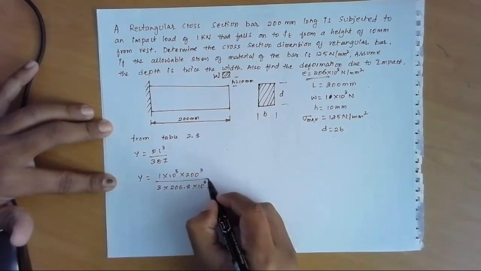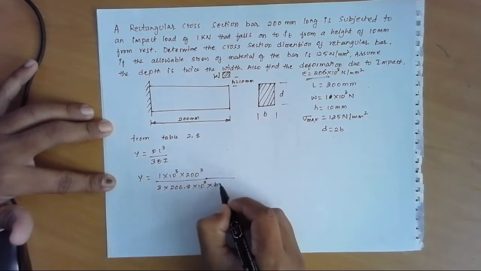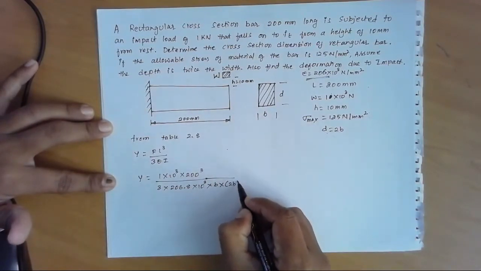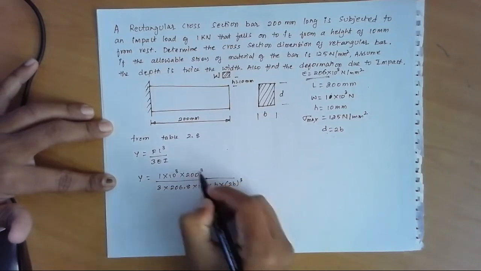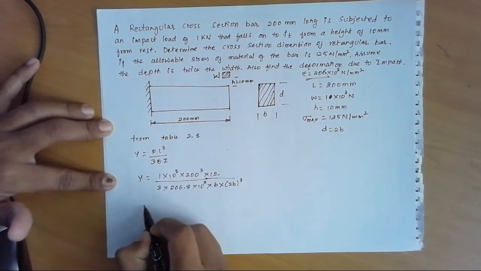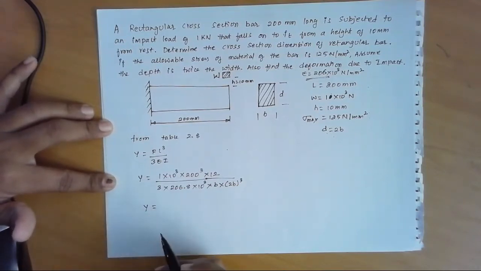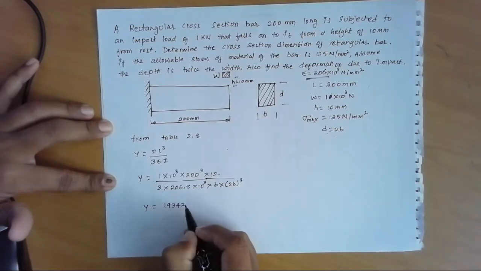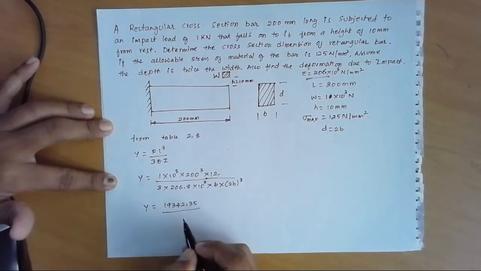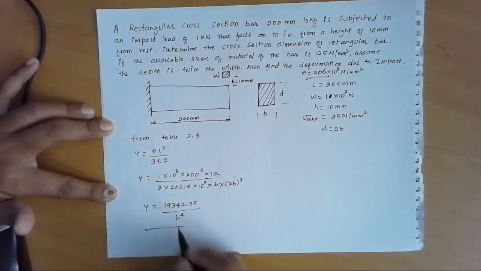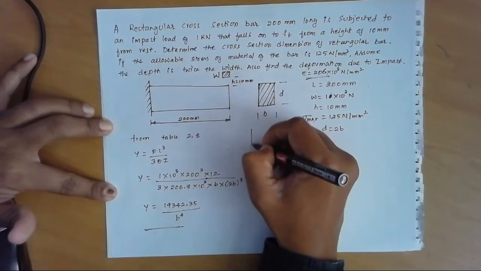B I will take as it is, D is nothing but 2B, so 2B cube divided by 12. I will take this to the numerator. If we simplify this, the value of Y will become 19,342.35 divided by B to the power of 4. Now this is the value of Y.